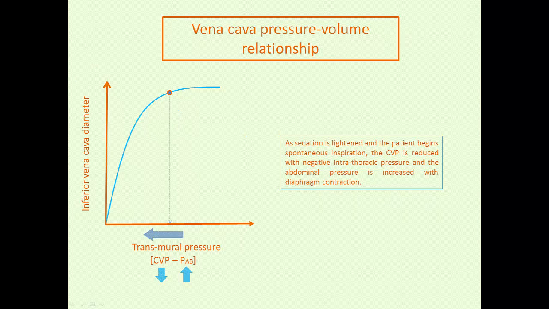So this patient now, dropping their intrathoracic pressure with inspiration, is now going to drop their CVP with inspiration and increase their abdominal pressure as they contract the diaphragm and compress the abdominal contents. Their abdominal pressure is going to go up. So pressure in the vessel going down, pressure outside the vessel going up, and now transmural pressure is going down.